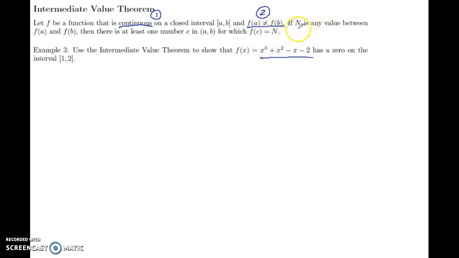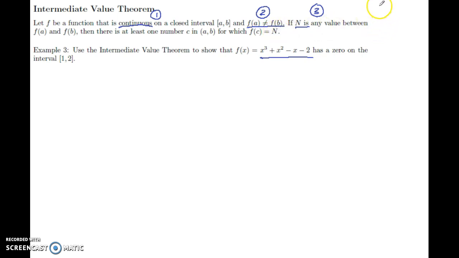If N is any number between f of a and f of b, then there exists a number c in the open interval (a, b) such that f of c equals capital N.